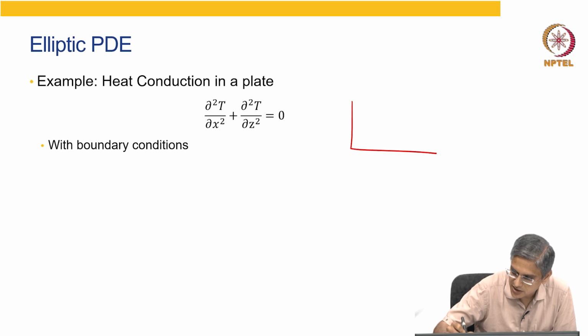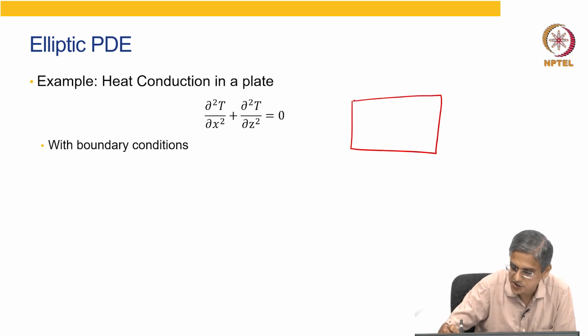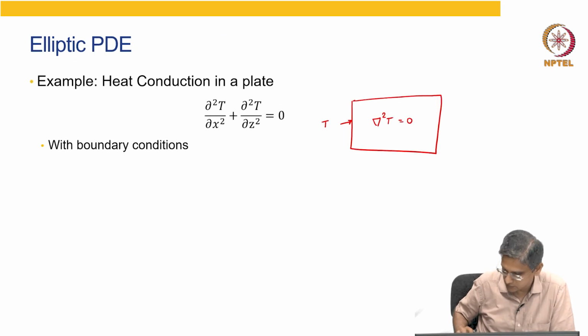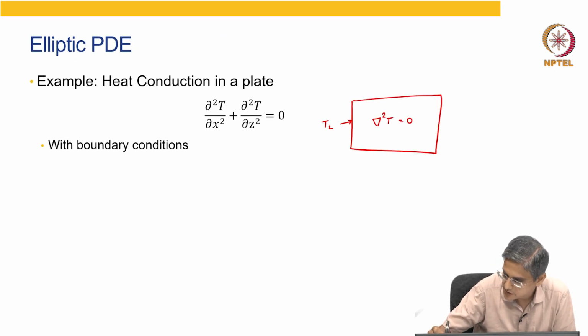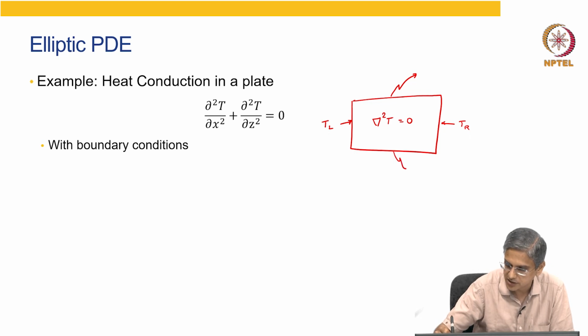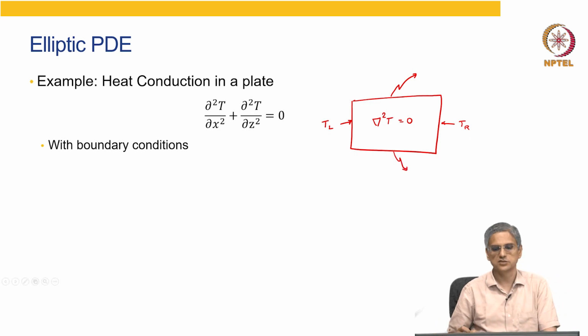Let us consider a slab, a rectangular slab where you have heat conduction taking place and the domain equation is dt equal to 0. The temperature at this location is TL. The temperature at this location, let us say, is TR. This loses heat to the surroundings and this loses heat to the surroundings.